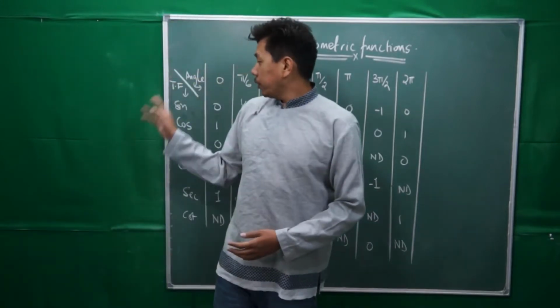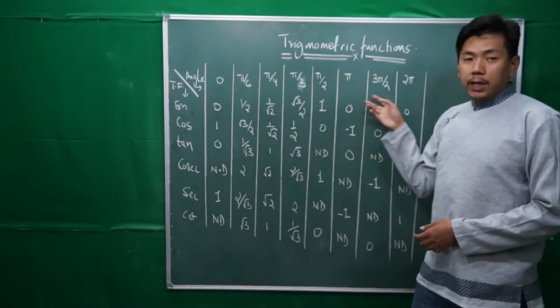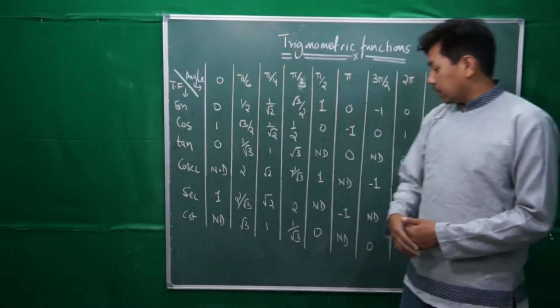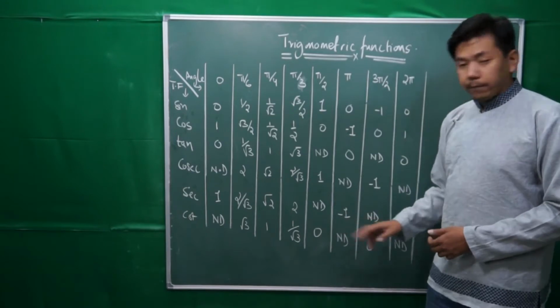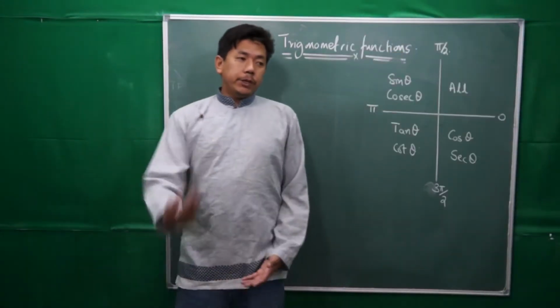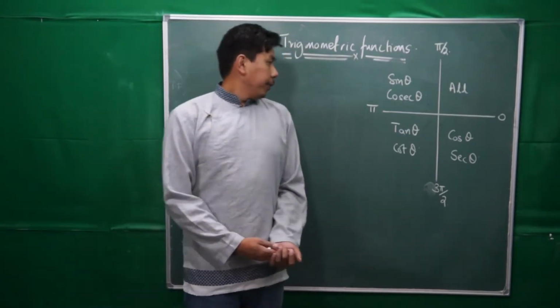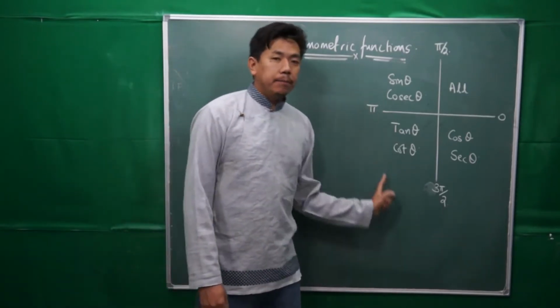So for which trigonometric ratios and corresponding to which angle would the ratio be negative? To understand this, we need to understand this diagram.